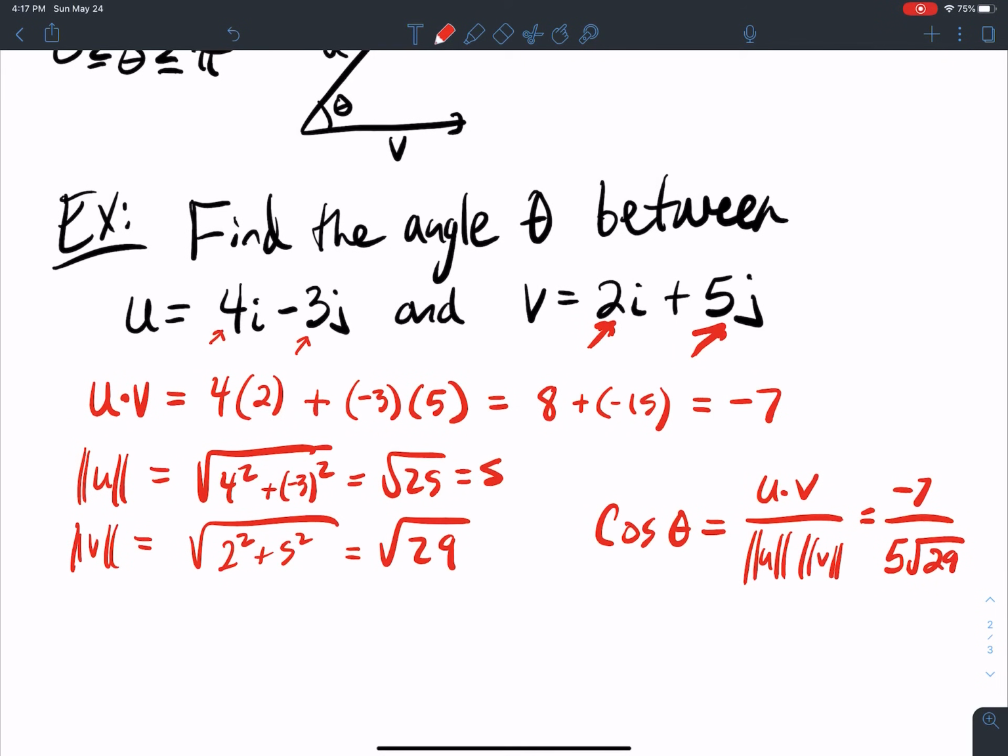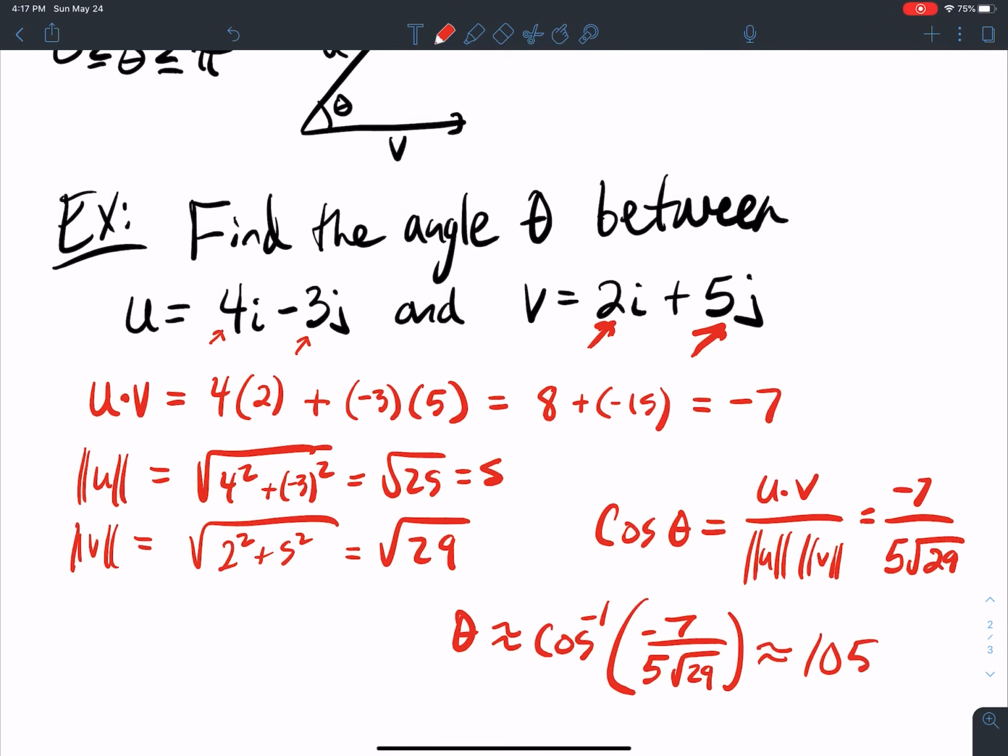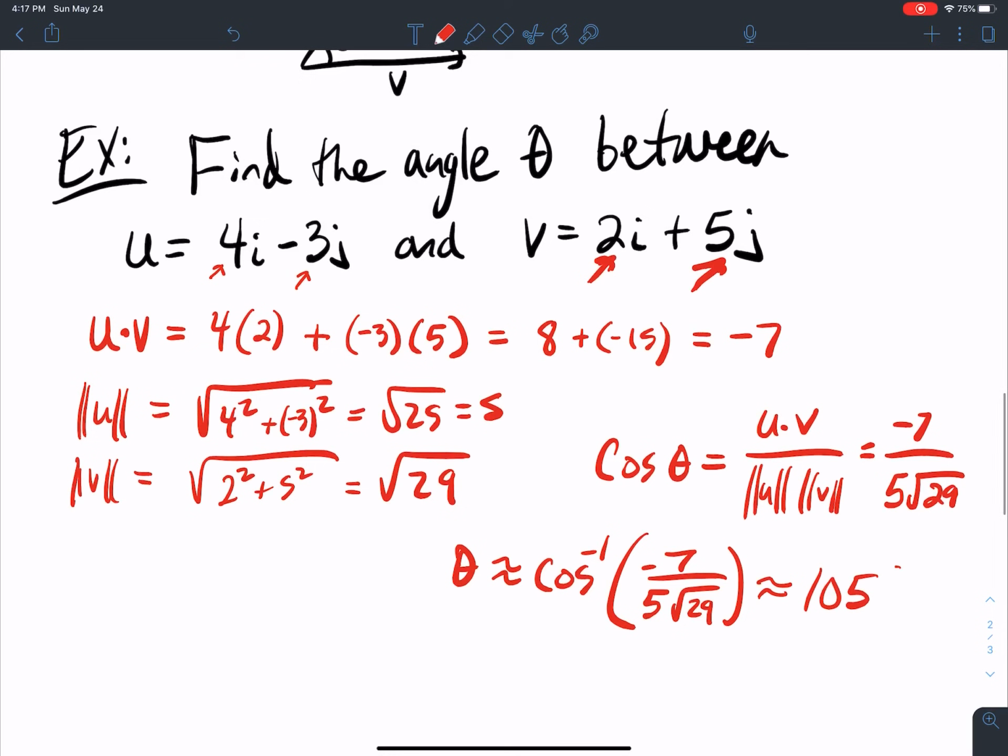To get theta, I do the cosine inverse of negative 7 over 5 square root 29. If I type that in my calculator, I get 105 degrees. Make sure you're in degrees mode to get that angle.